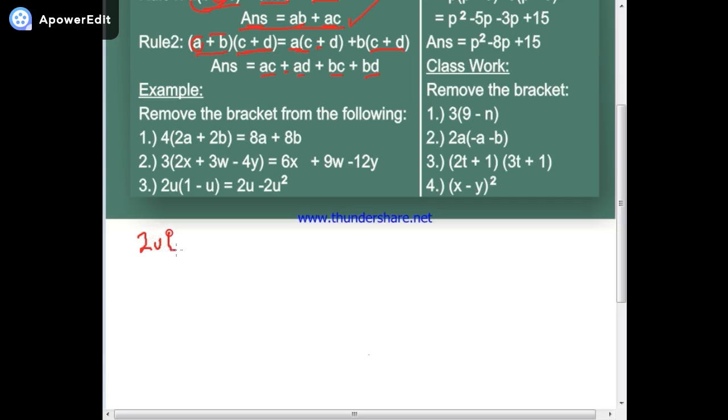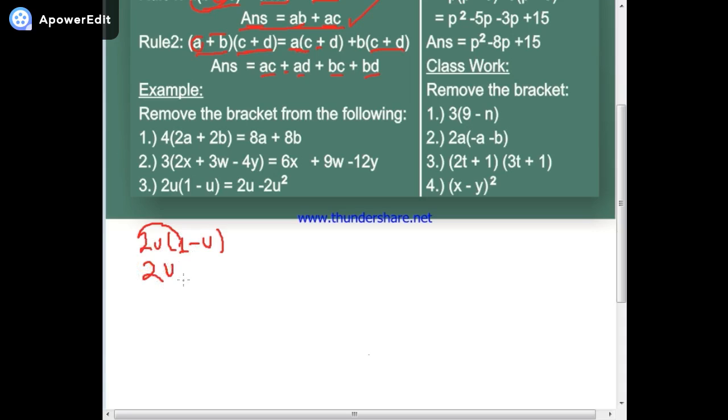You are going to use the one outside to multiply the one inside. You use this 2 to multiply this 1. That is 2 times 1, that is 2. And this u, you will bring it down here.